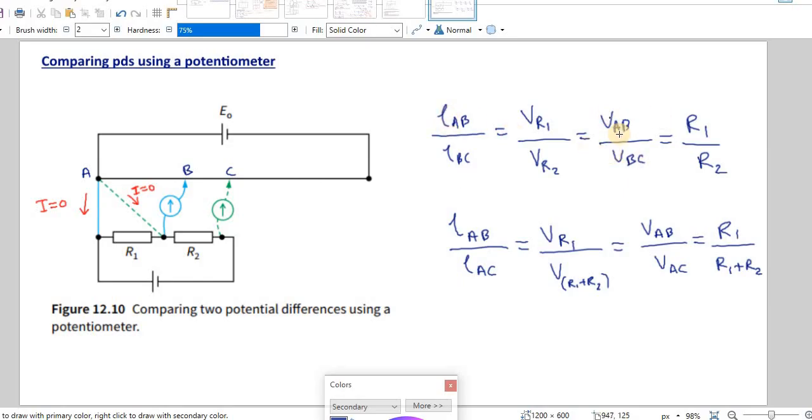It can be the length, it can be the potential difference, or it can be the resistance, R1 divided by R2. But remember, you have to write it in the correct order. If we start with this divided by this equal to that divided by that, this is the length that is corresponding to R1, AB. BC is the length corresponding to R2, like that. Same thing you can do from here to here also, but I think it's clear now.